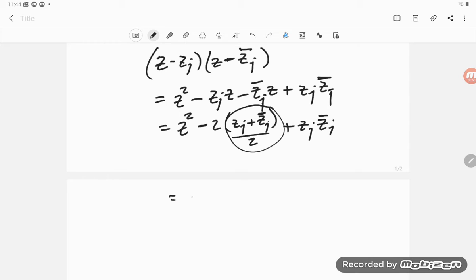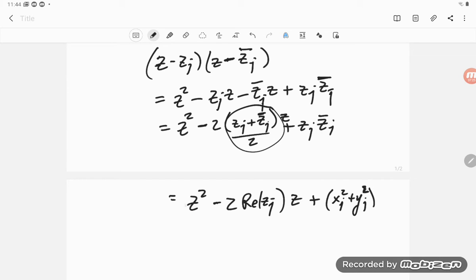So this is equal to z squared, which has a real coefficient, minus 2 times the real part of zj, times z, and then plus x squared plus y squared for that particular zj.